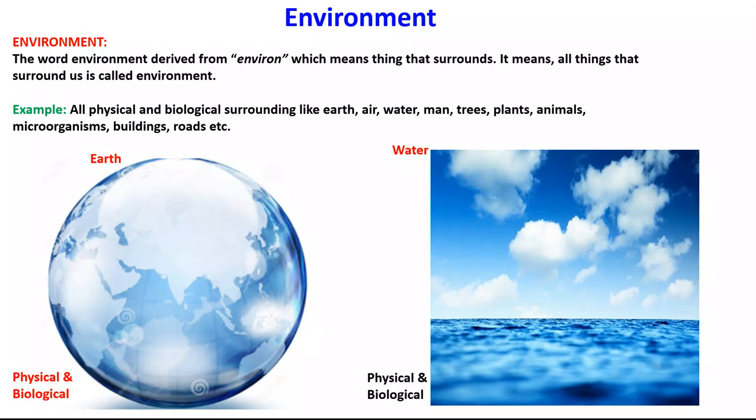Here we have a pictorial diagram of the environment. The word environment is derived from a word which means things that surround. It means all things that surround us are called environment. For example, all physical and biological surroundings like earth, air, water, men, trees, plants, animals, microorganisms, buildings, and roads, etc. Here we have physical and biological environment like earth and water.